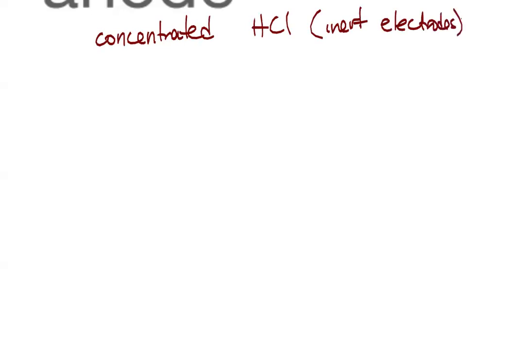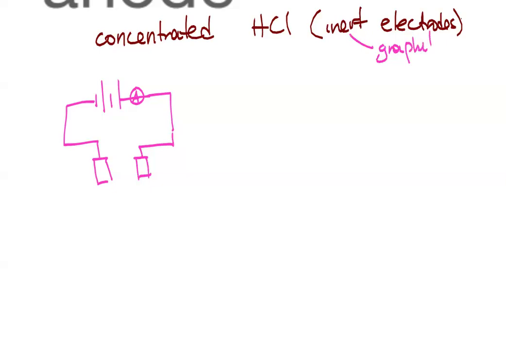Okay, let's draw again. So you'll get in the habit of drawing. You put your battery. You could choose to put an ammeter if you like, if you're measuring current. You put your electrodes, which will be made of graphite. Inert electrodes are graphite based.